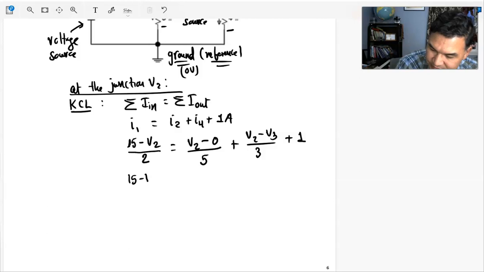So 15 minus V2 divided by 2 is 15, right?